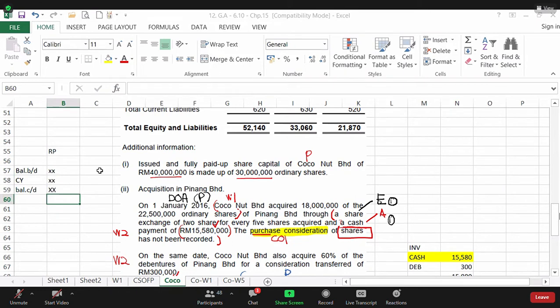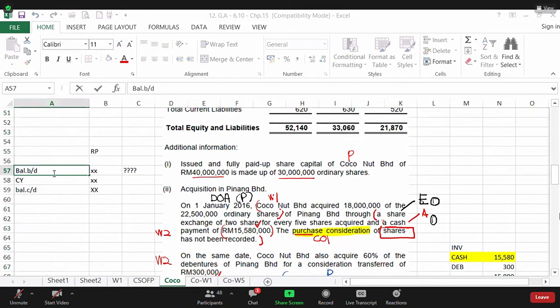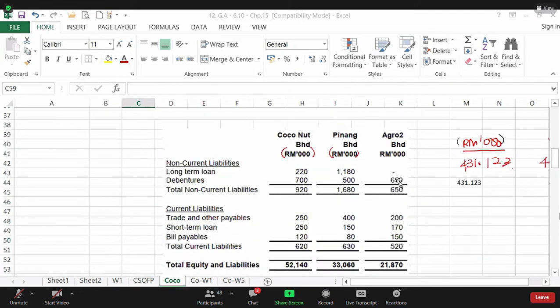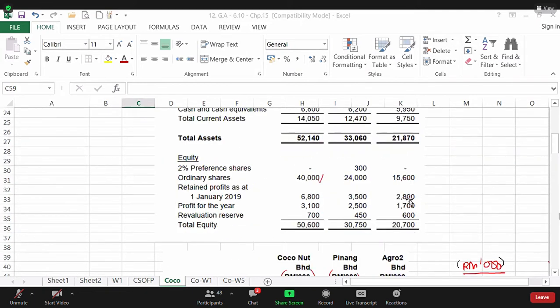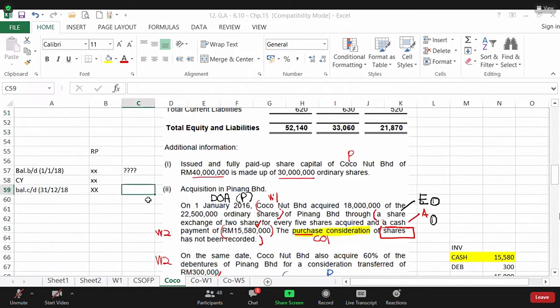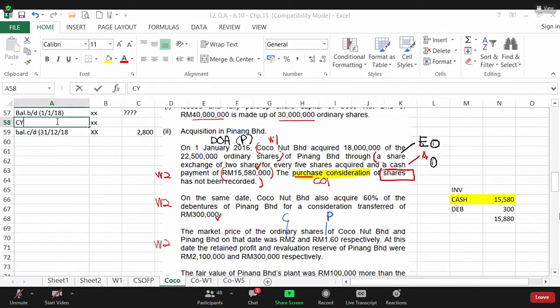Our question is, I want to know opening because our DOA was at 1st January 18. What is the information that you already have in your book? So you need to get 31st December 18. You need to take opening 1st January 19, which is 2.8. So 2.8, you know already 2018 current year.